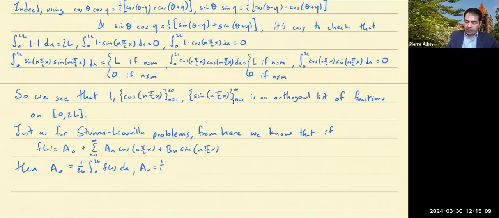An would be 2 over L times the integral from 0 to L of f of x times cosine of nπ over L x dx, where this factor comes from the integral of cosine against cosine. And Bn would be 2 over L times the integral from 0 to L of f of x sine of nπ over L x dx, where this factor comes from integrating sine squared.